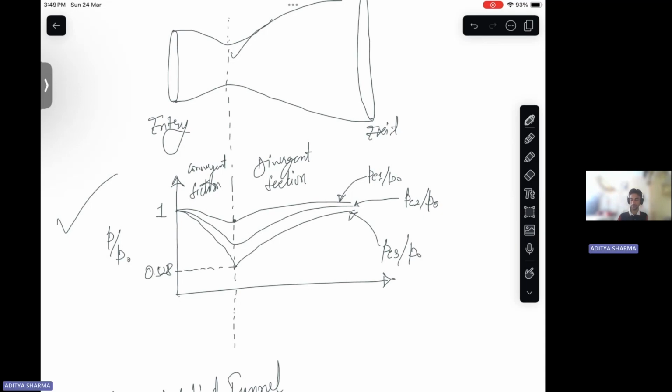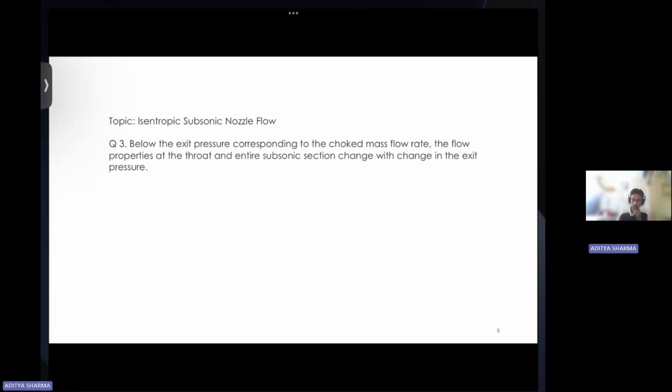And this PE3 is the exit pressure corresponding to this choked case, from this graph. So below the exit pressure corresponding to the choked mass flow rate, the flow properties at the throat.